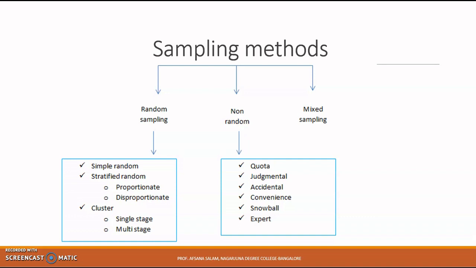When you are choosing your sample out of a 32-person population in the class, you're going to choose 10. Simply choosing 10 people from the class becomes your simple random sampling.